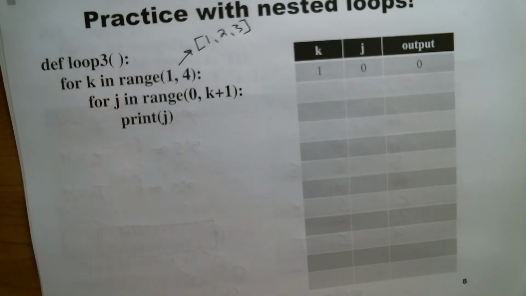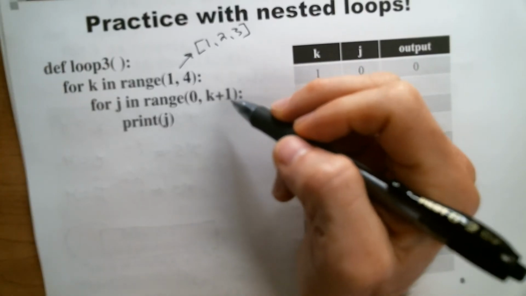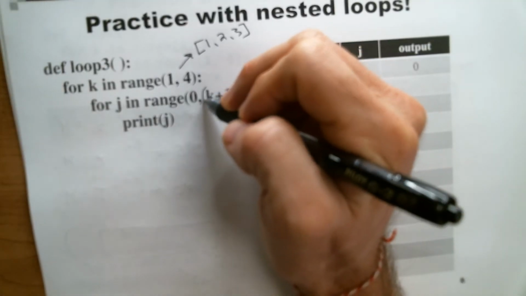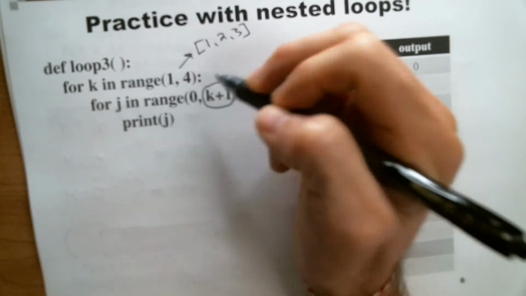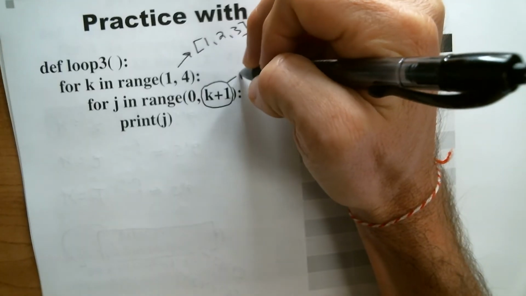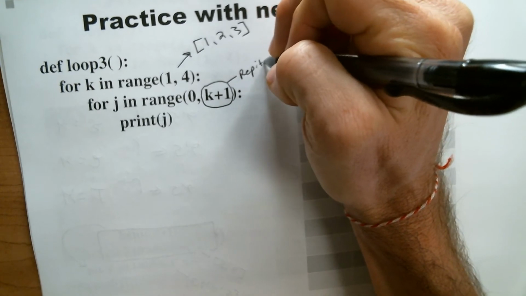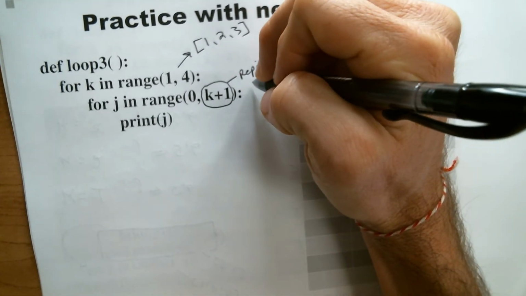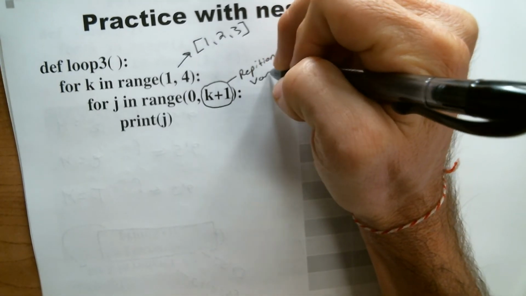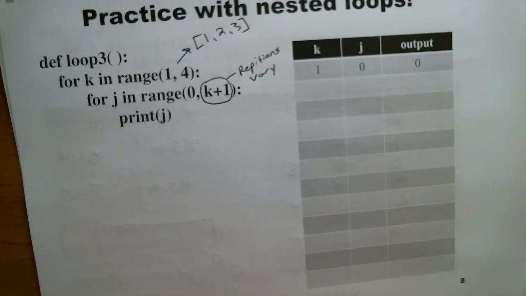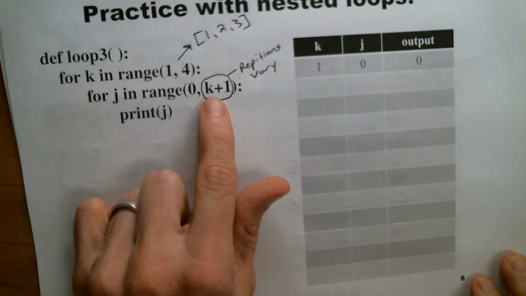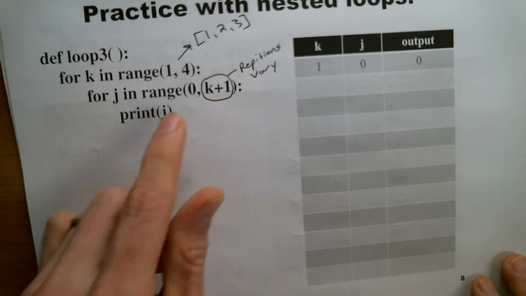For J in range, 0 comma K plus 1. All right, so this is interesting. This is different than what we've seen before. But this right here is going to make the repetitions vary. They're going to change each time because instead of putting a straight number in there, we're putting in a variable.